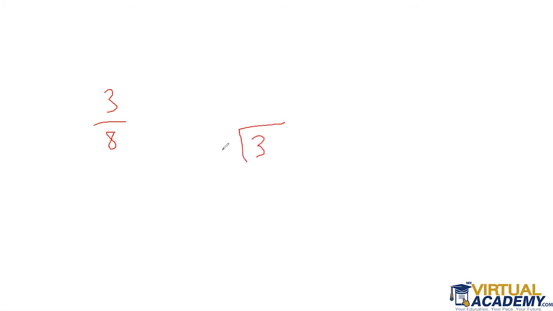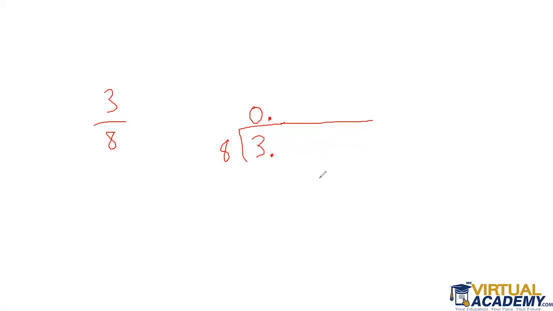The 8 is on the bottom, so the 8 goes outside, all right? All right, so we cannot divide 3 by 8 because 8's bigger than 3. So 8 goes into 3 0 times. So we have to do a decimal point after the 3, and also put it directly on top, okay?